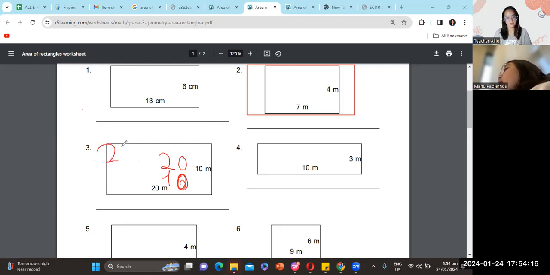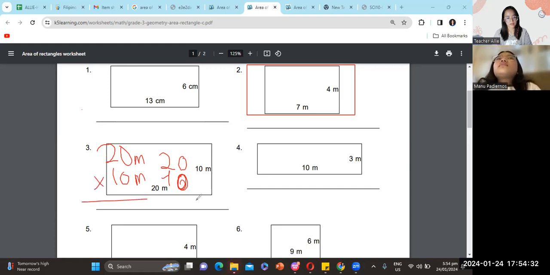Okay, I'll help you with this one. Look at the screen first. So 20 m, that's the L, and 10 m, that's the width or the W. You multiply them together.